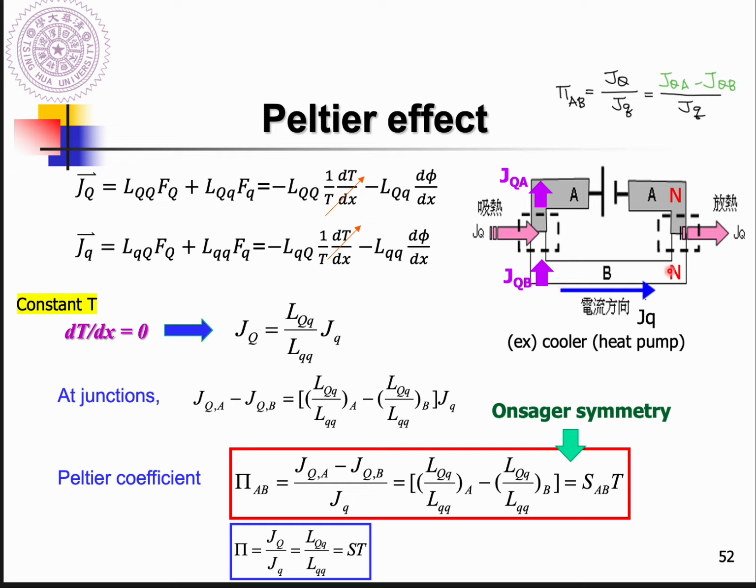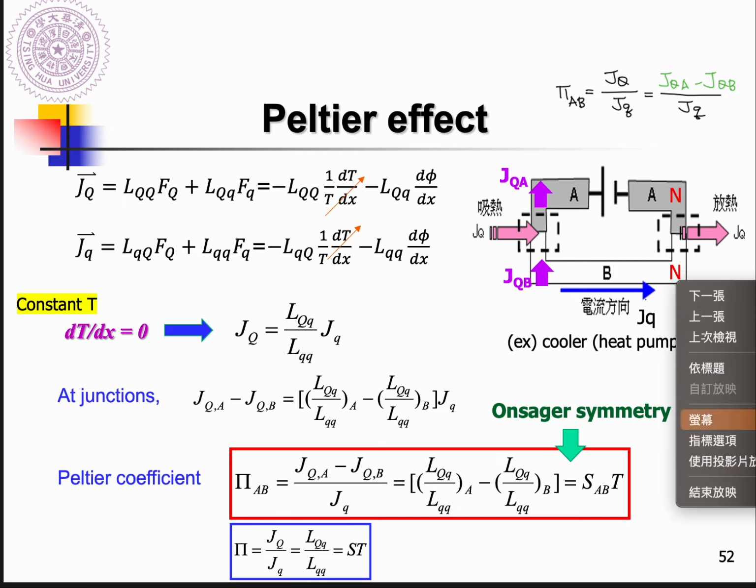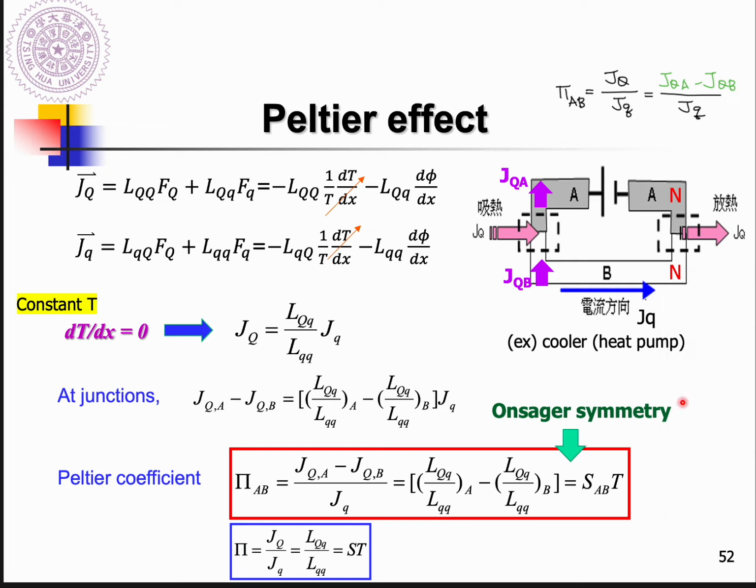That means the better way to reach the maximum cooler by these thermoelectric materials would be to use the P type here.